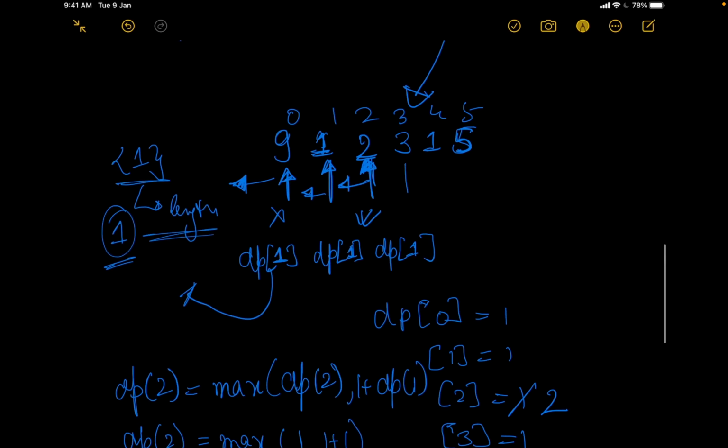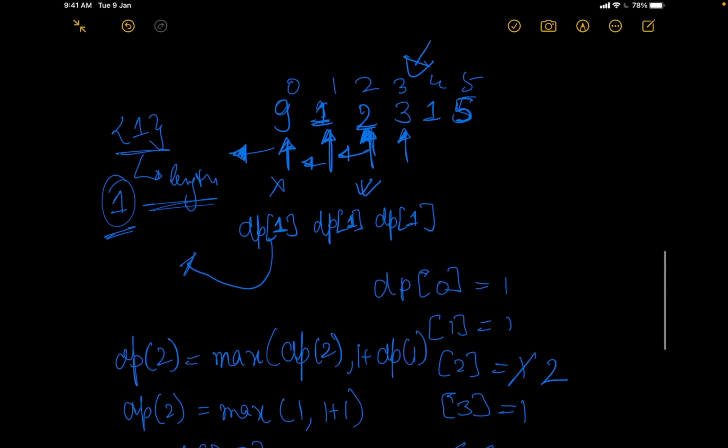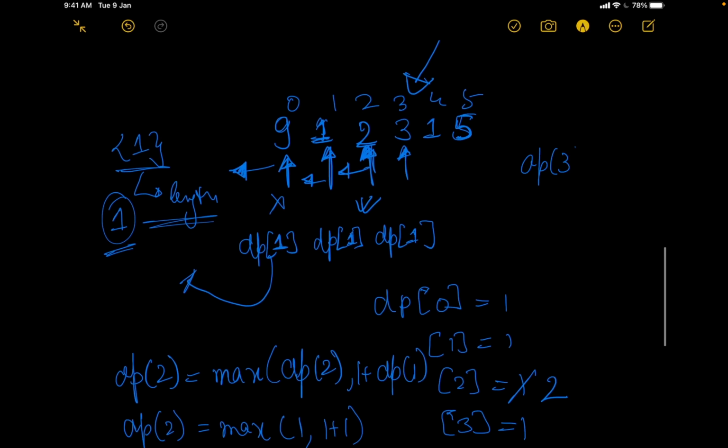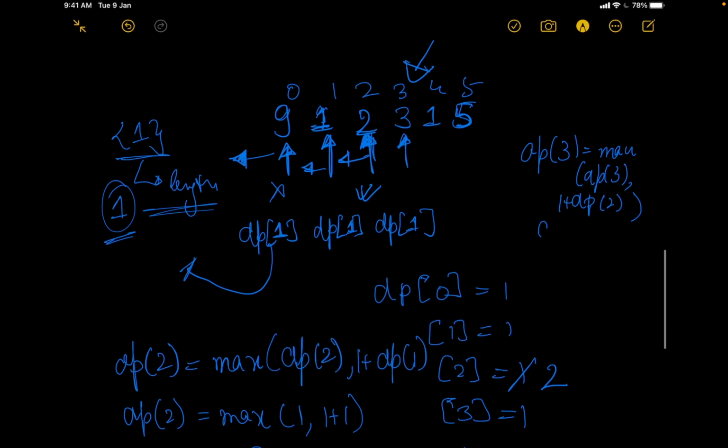Now it will go to the third element. It will say, do I have elements that are smaller than me and are present on my left? So 3 would say yes, I do have 2. So now dp3 would similarly be maximum of dp3 or 1 plus dp2. So dp3 would become 1 plus 2 because dp2 is already 2, so it would become 3.